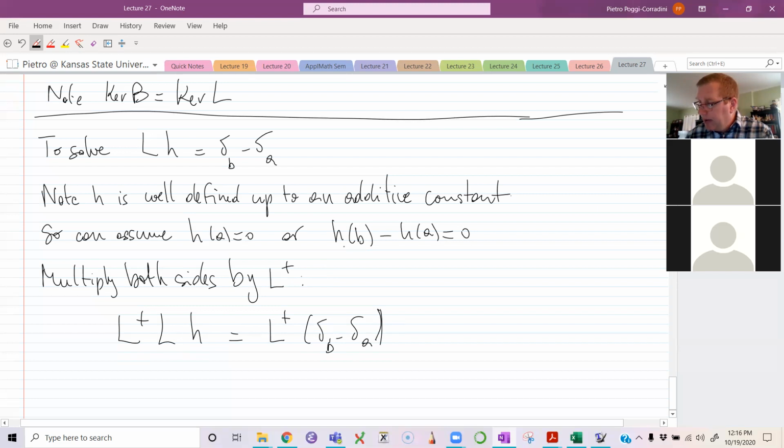So with this, let's call it star, with star, you get that H is equal to L plus times delta B minus delta A.